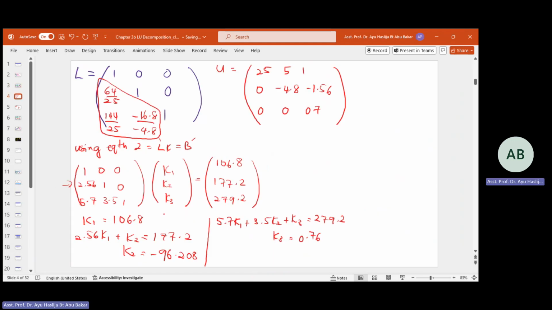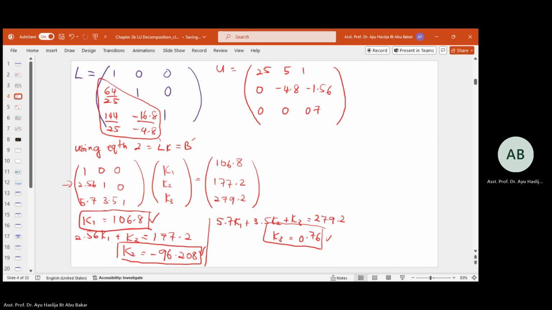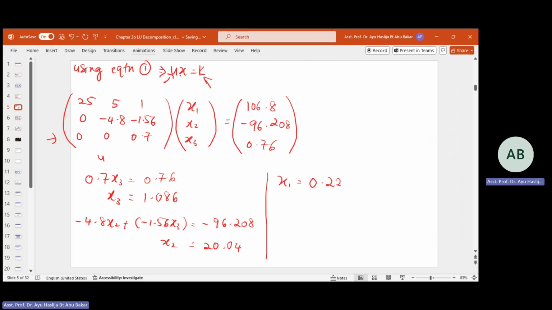This is the K value. Once you get the K value, then plug into the first equation, which is Ux equals K. U is the upper matrix, K is the one calculated just now. Now your unknown is only the X. So from here, you get your X value.